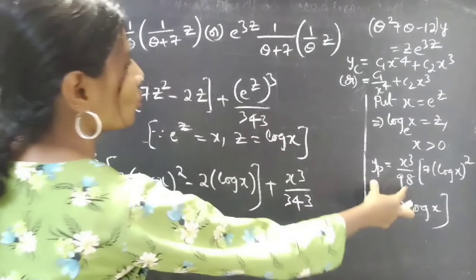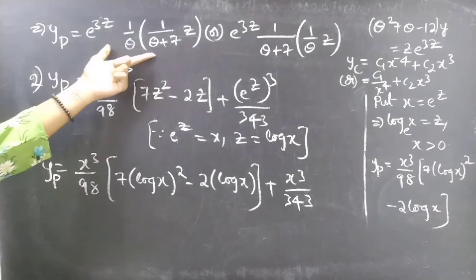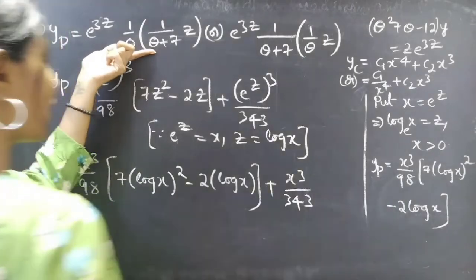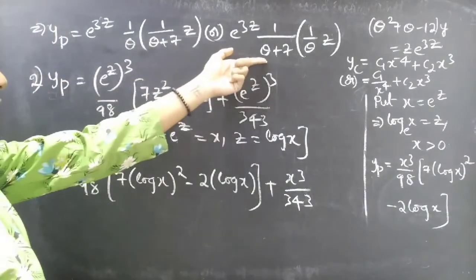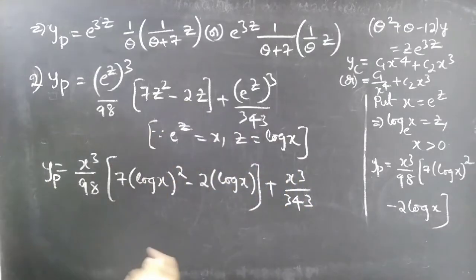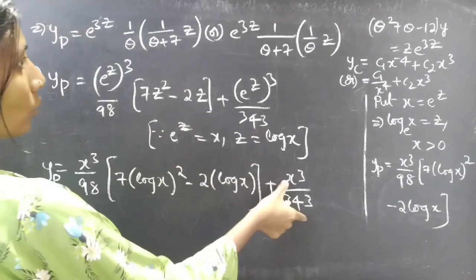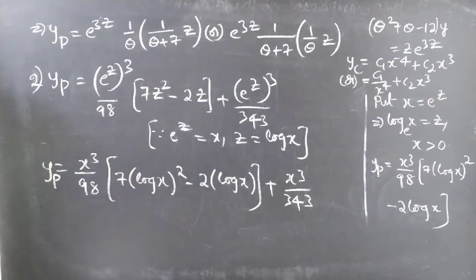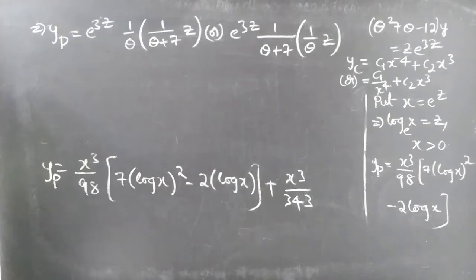Just observe these two. If we go for the first term, in the first way, we'll get this answer. If we pick the second one, we'll get one extra term. Later, we can include this in the constant C2 x cube. So we have two yp's.